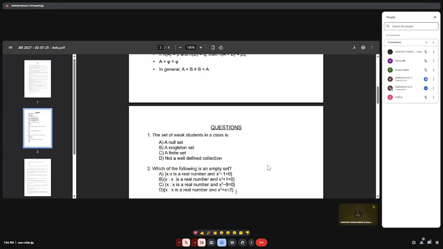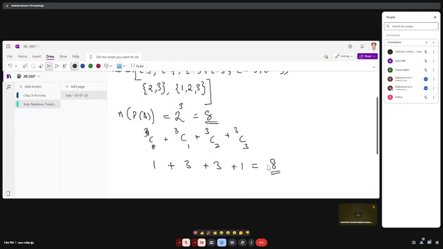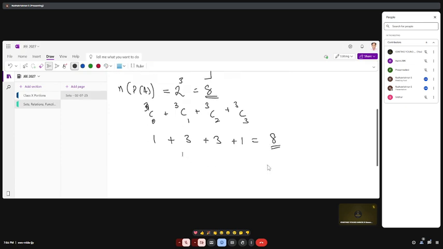So x square equal to x plus 2, you can try to solve it using the quadratic formula. Let's write it down. X square equal to x plus 2.